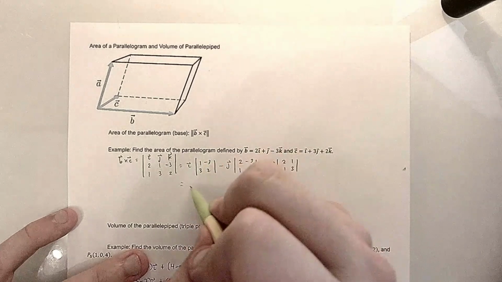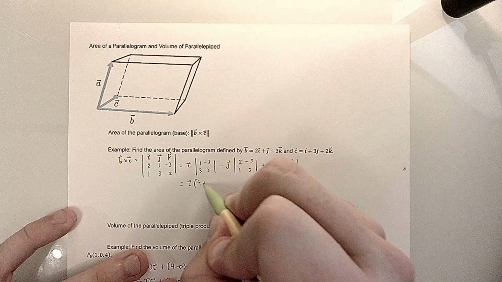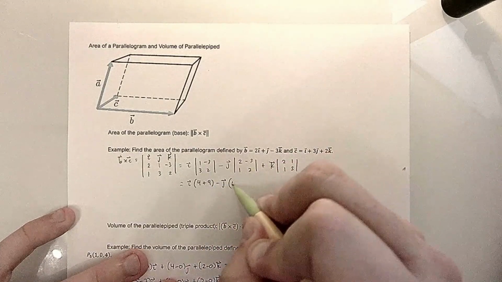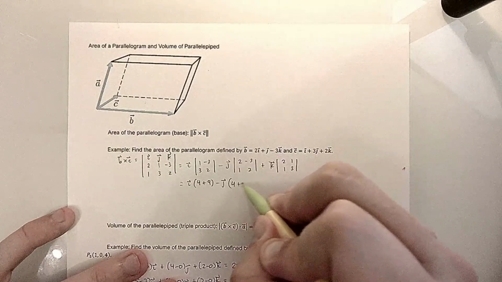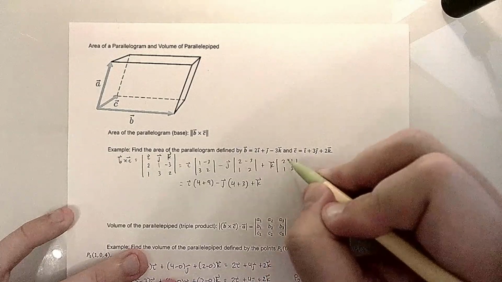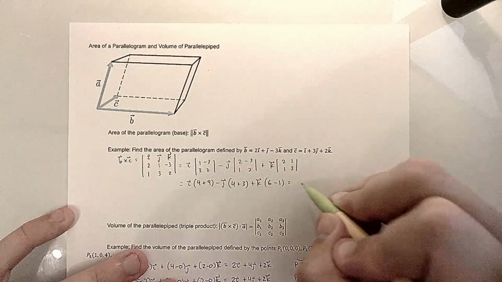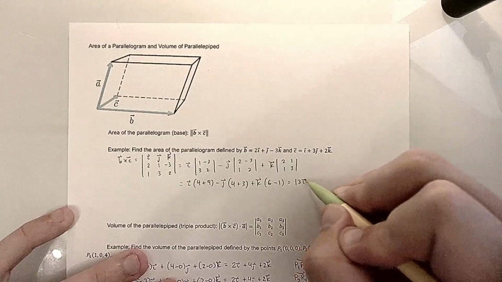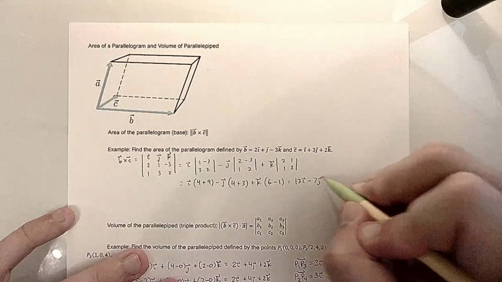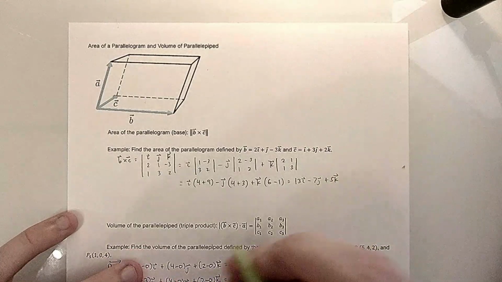We get i is 4 minus a negative 9, so we're going to plus 9, minus j, which is 4 minus a negative 3, which is plus 3, plus k, which is 6 minus 1. When we work this out, we get 13i minus 7j plus 5k.